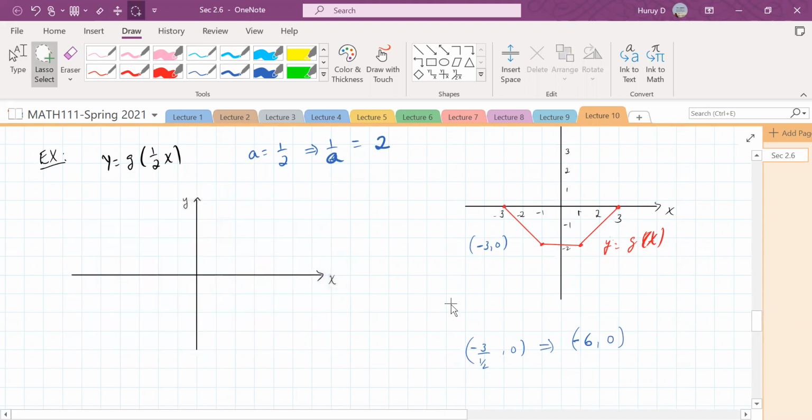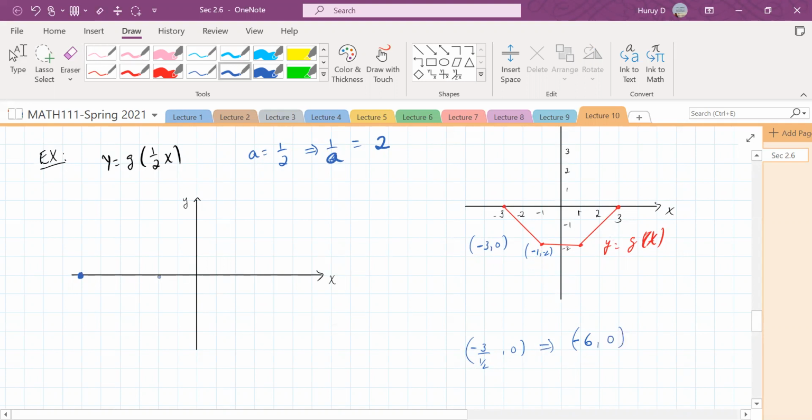Okay, so -6 is, I think, here. And then if I take this one, this is -1 comma -2, so we only change the x value. Therefore, -1 over 1/2 becomes -2.